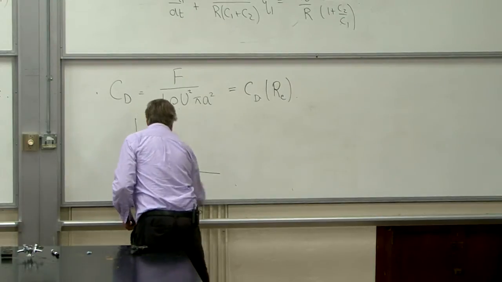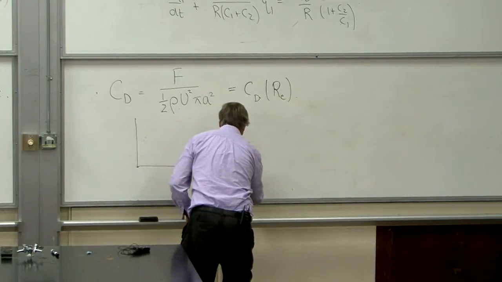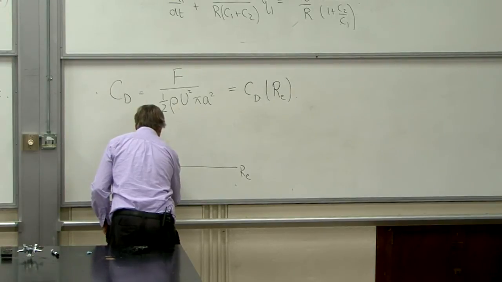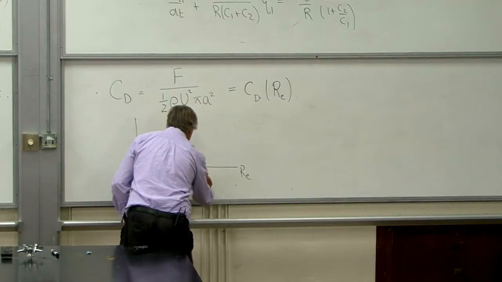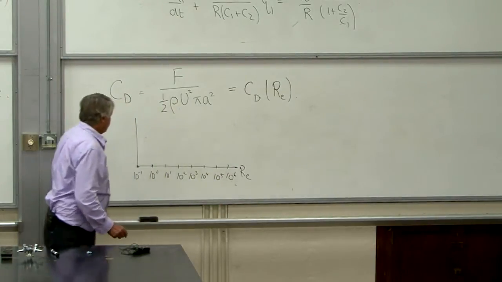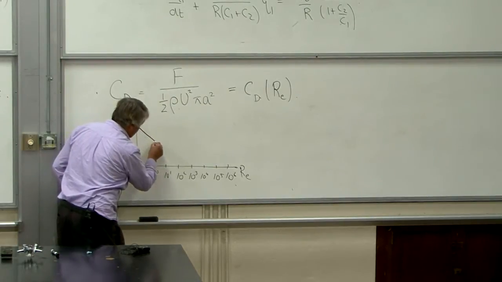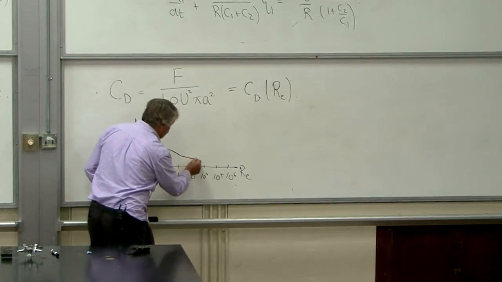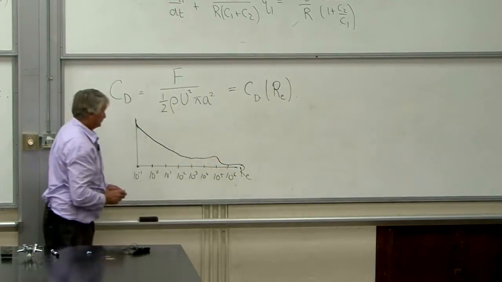This is the Reynolds number, and this would be, say, 10 to the minus 1, then 10 to the 0, 10 to the 1, 10 to the 2, 10 to the 3, 10 to the 4, 10 to the 5, 10 to the 6. It comes down like 1 over r all the way down to about here, then it seems to go constant for a while. Then there's a little bulge, and then it suddenly drops like that.